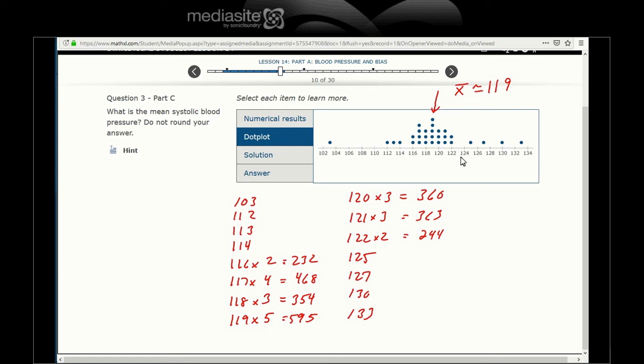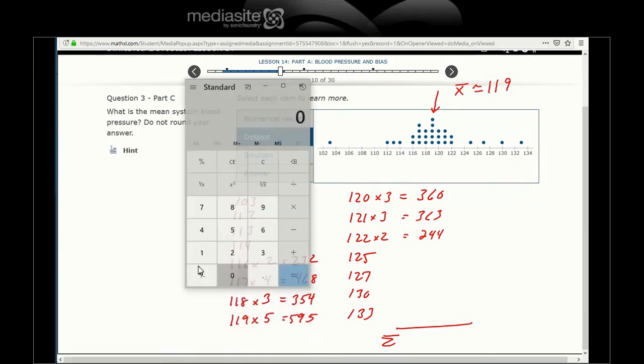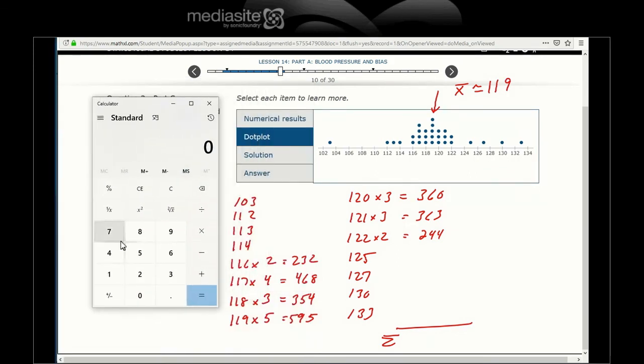So let's add all those numbers up. Okay, you need to watch me do all that. All those numbers add up to 3,573.